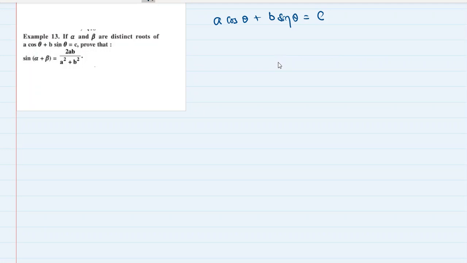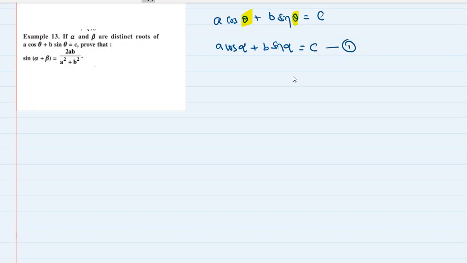When they say that alpha and beta are distinct roots of this equation, that means when you replace the variable by alpha or beta, this equation is satisfied. Here your variable is the angle. So the first equation you get is a cos alpha plus b sin alpha is equal to c, equation number 1.